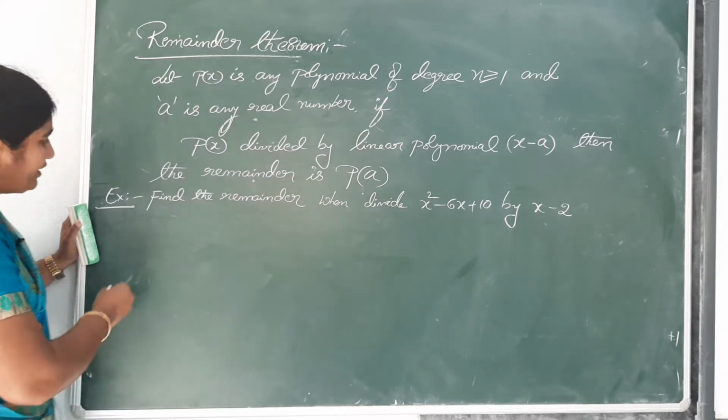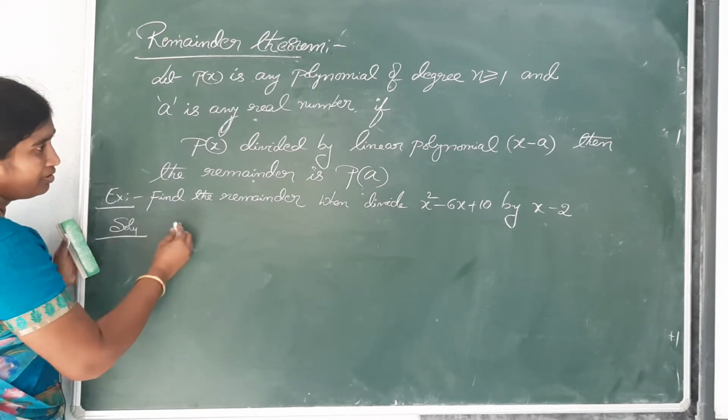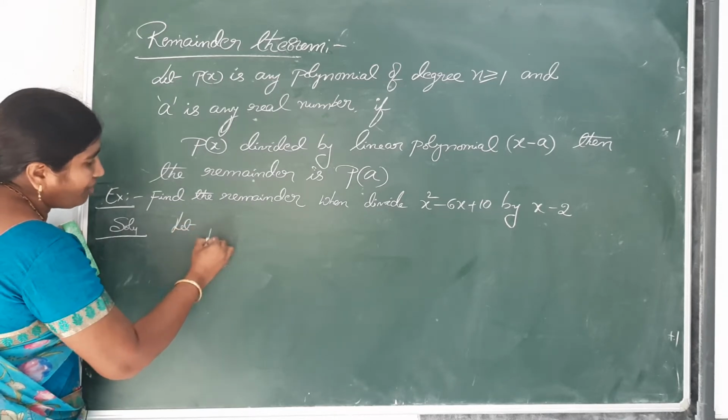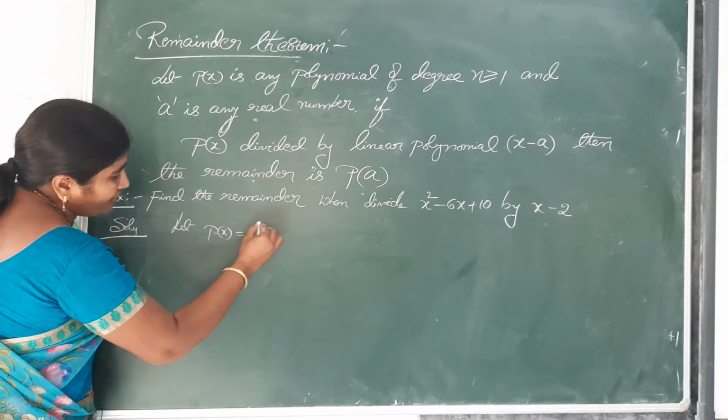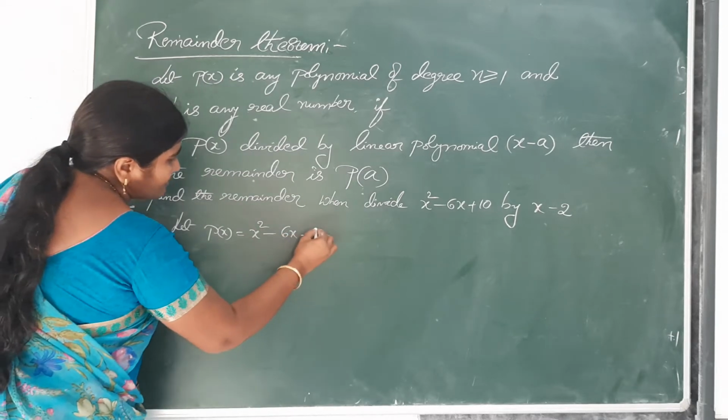By using the remainder theorem, let p of x equal x square minus 6x plus 10.